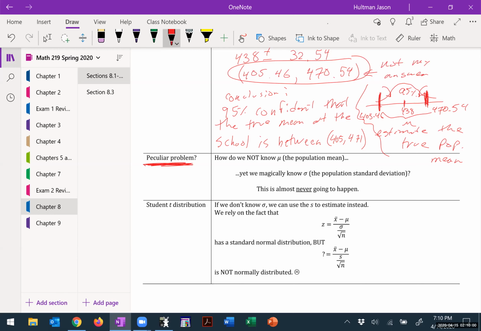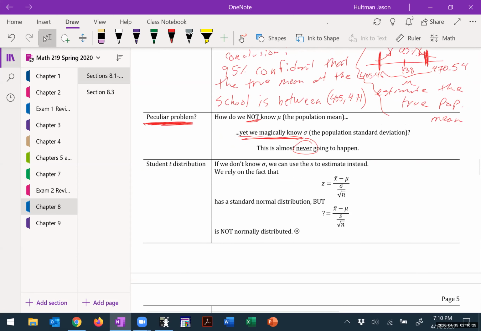How do we not know mu, the population mean, yet we magically know sigma, the population standard deviation? This almost never is going to happen.